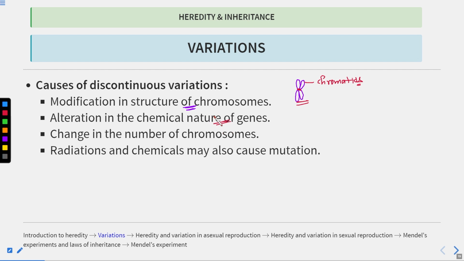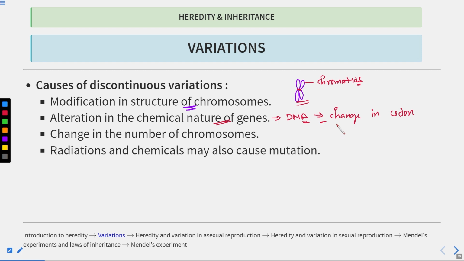Next is the alteration in the chemical nature of the genes. This can also lead to the variations. Chemical nature means genes are made up of DNA only. So if there is a change in the DNA, or a change in the codon, or a change in the nitrogenous base, then it can cause the discontinuous variations.